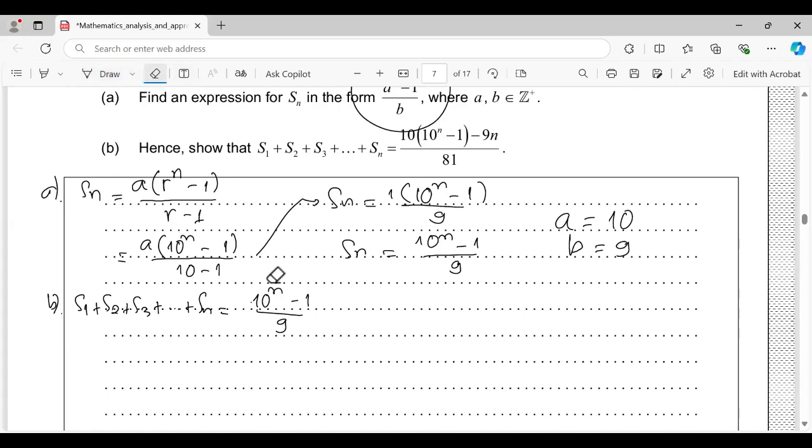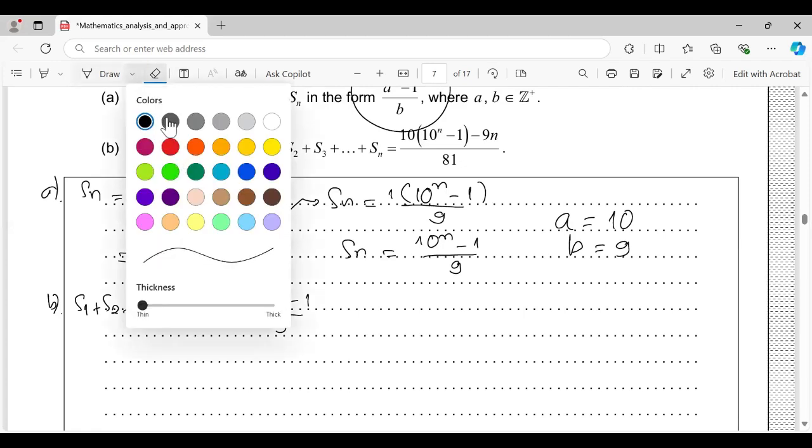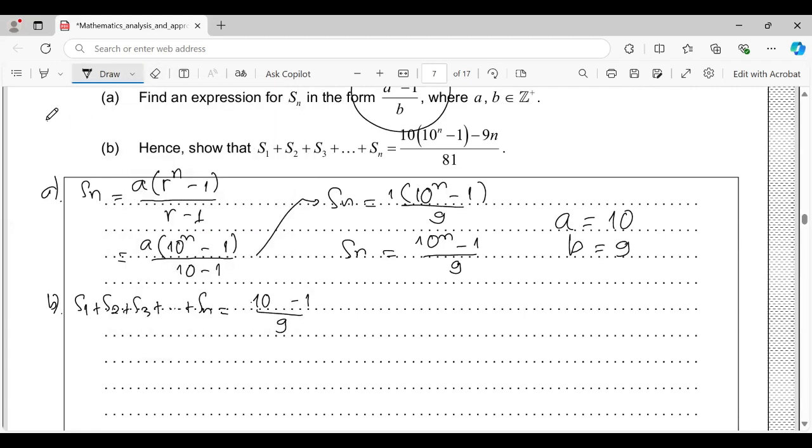I will start from 10 to the power 1 over 9, plus 10 squared minus 1 over 9, plus and so on until 10 to the power n minus 1 over 9.